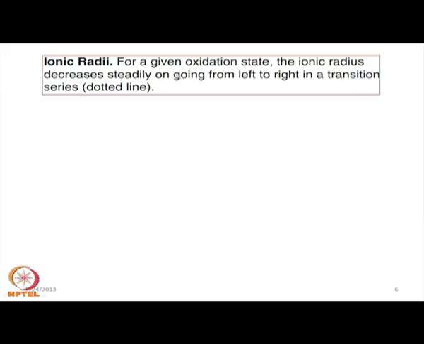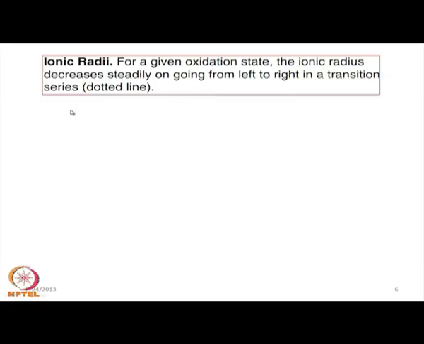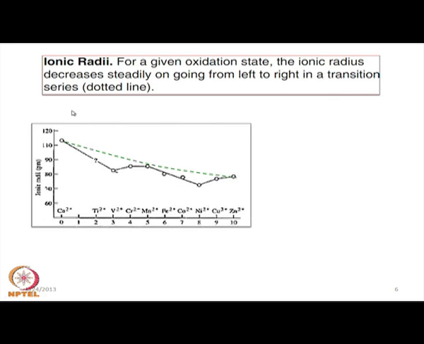So, for a particular oxidation state, the ionic radius decreases steadily on going from left to right in a transition metal series. So, we see that this is the case, and we see a monotonic contraction in the size.